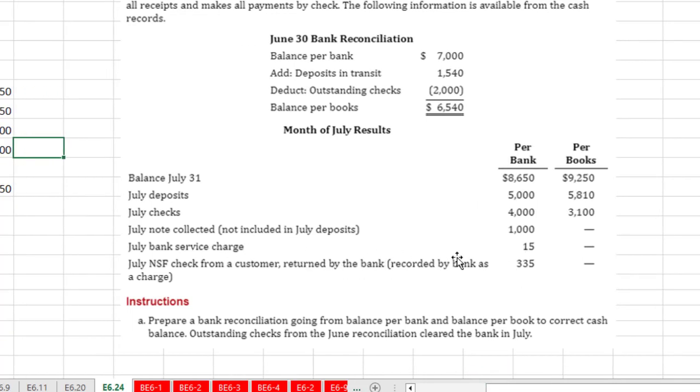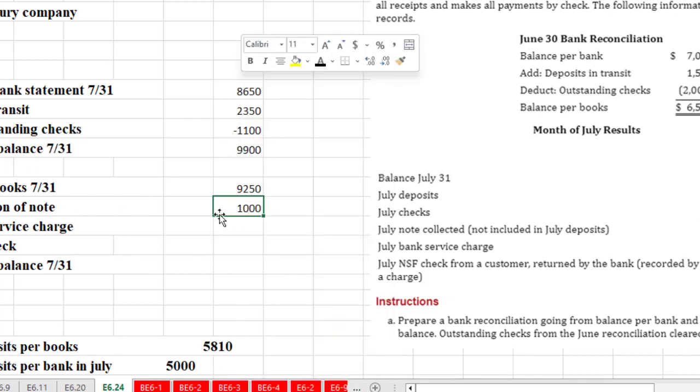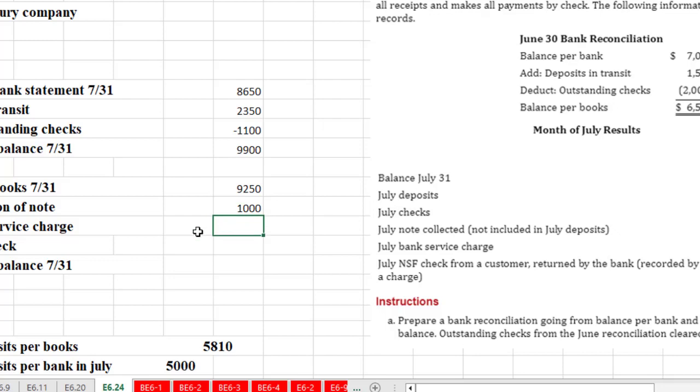We also need to deal with this service charge the bank charges us. And we also need to include this NSF check that bounced. It wasn't our check that bounced. Someone paid us. They owed us money, they paid us, and then the check bounced. And so that money we thought was in our account, well, it turns out it's not. We'll start out by adding the money from the note that was collected.